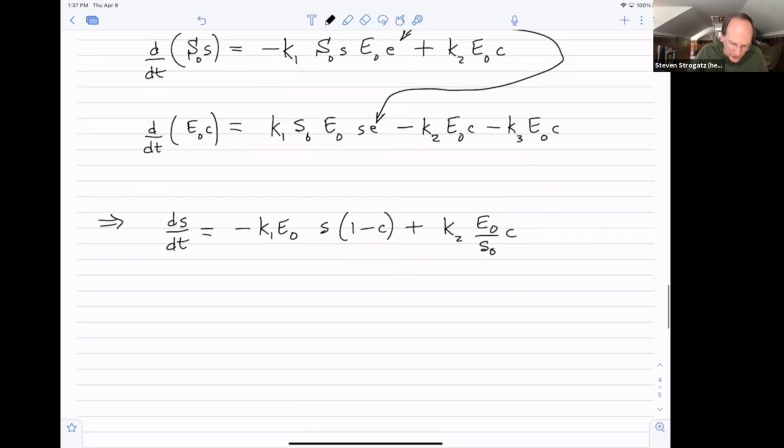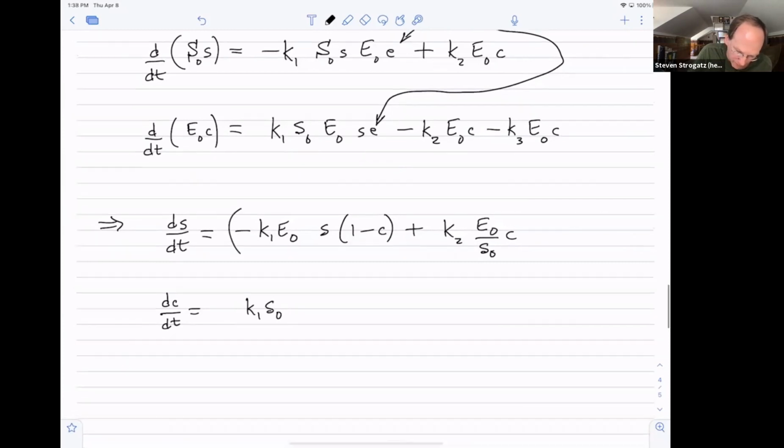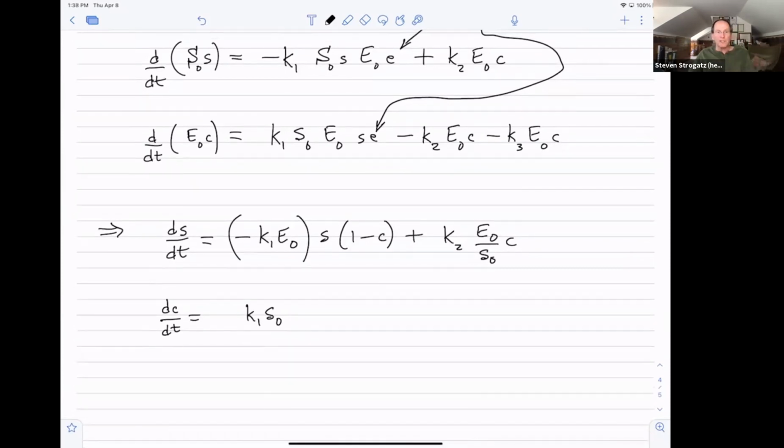That's the first equation. And the second one becomes d c dt is k1 S0. I'm going to put a sort of parentheses around these things, which are just dimensional quantities. And then times stuff like S times 1 minus c. And these two terms are kind of interesting right here.